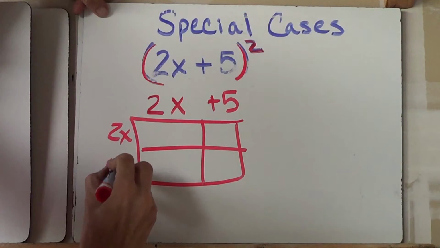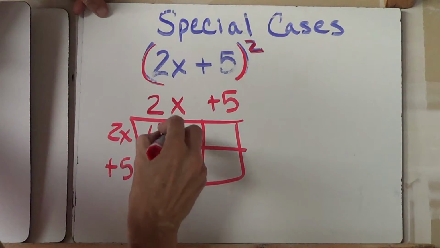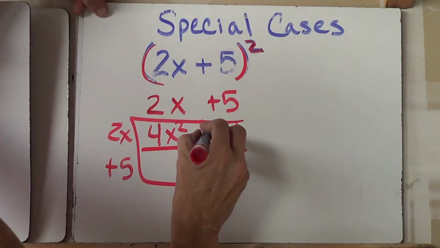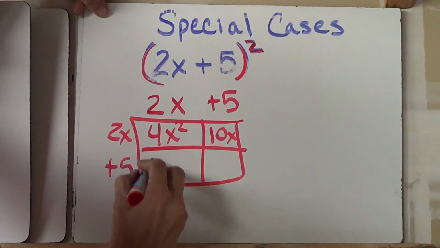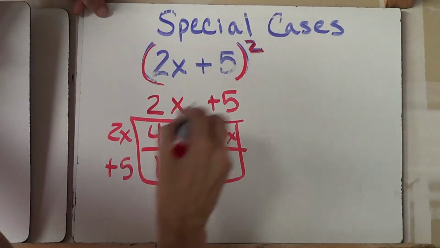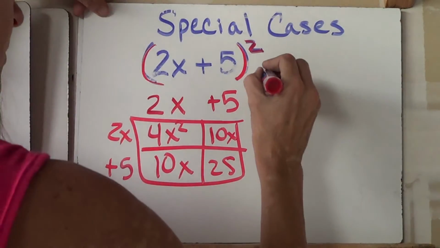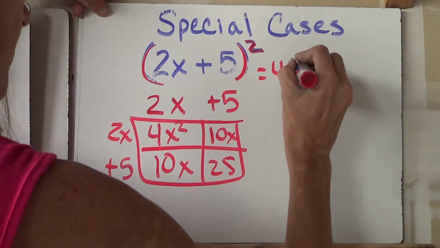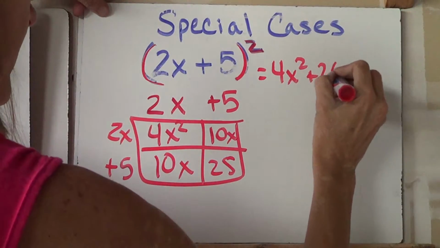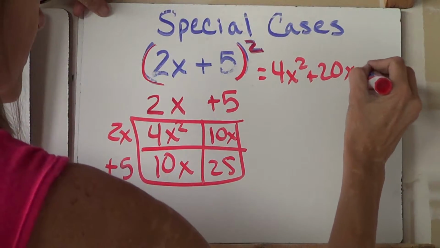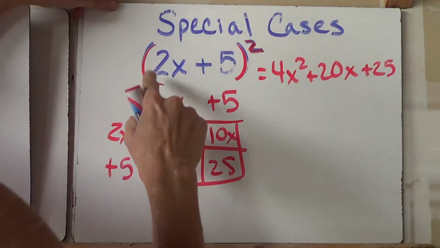2x plus 5. 4x squared. 10x. 10x and 25. 4x squared plus 20x plus 25. So let's look back at this.